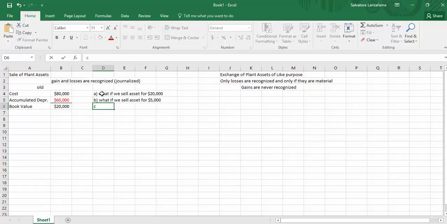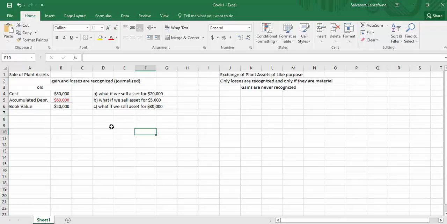And scenario C, what if we sell the asset for, let's go, $30,000? Okay, so those are the three scenarios we're going to analyze. So what we're going to end up doing is first calculating whether or not we have a gain or a loss, or neither, and then we'll do the journal entry.